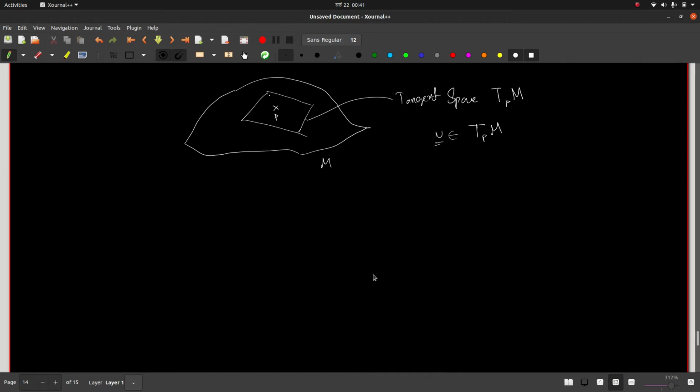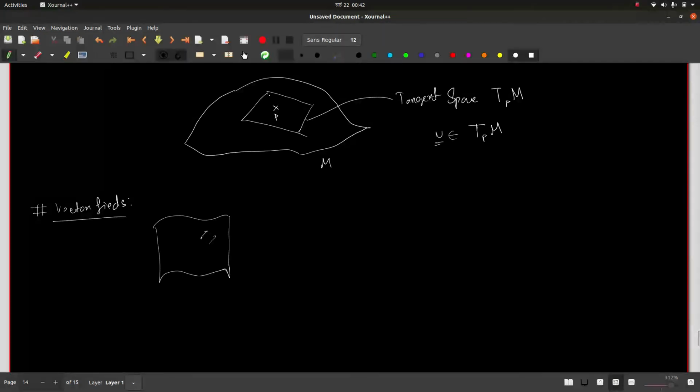Okay, now since we can define vectors, we can define tangent spaces. Now let's try to define a vector field. So from very rough idea or very basic vector calculus, you know that a vector field points towards a distribution that tells you that if you have some space like this, at every point there is a vector, right? That means at every point you will have some value and some direction.